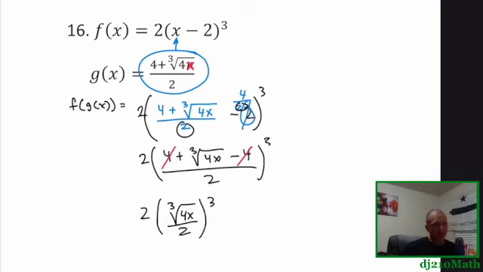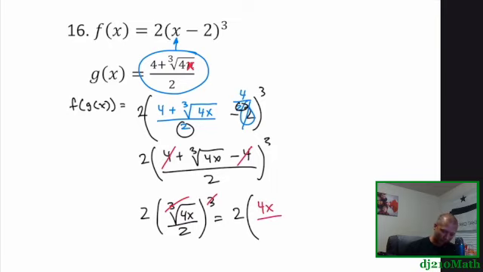All right, with the cube, I'm going to cube the top and then cube the bottom. So when I cube the top, I'm going to get, so this cube and the cubed root will cancel. So I'm going to get just 4x over 2 cubed, right?